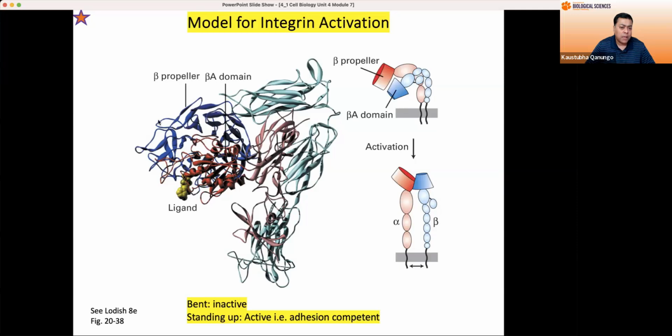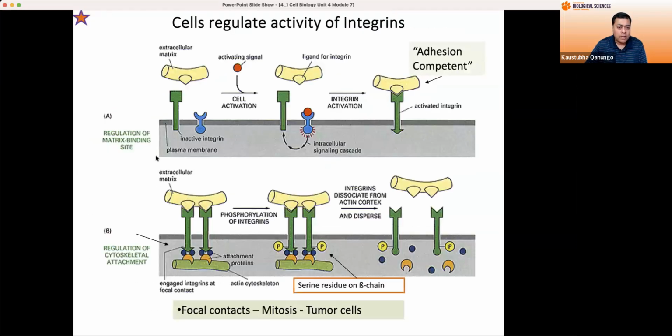And this is at the top of the alpha chain, and you have a tapered domain on the top of the beta. So essentially what happens is that an inactive integrin is in this bent format. Although this is schematic, just think about that.